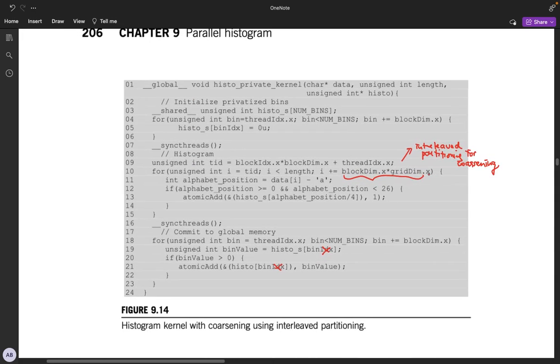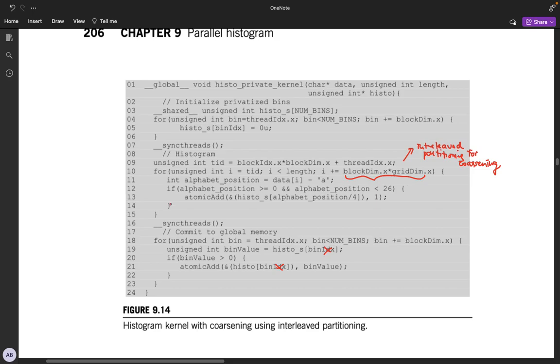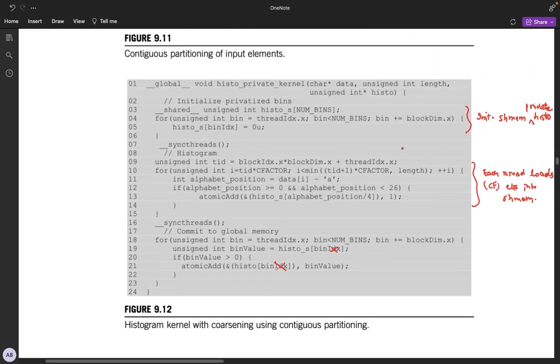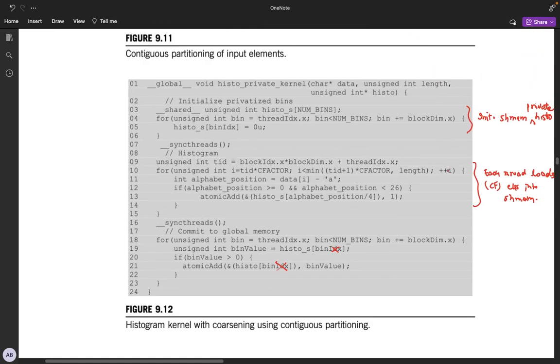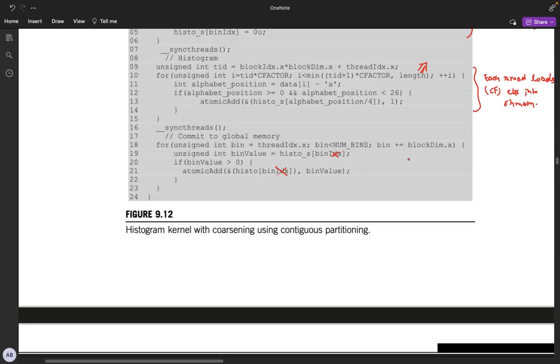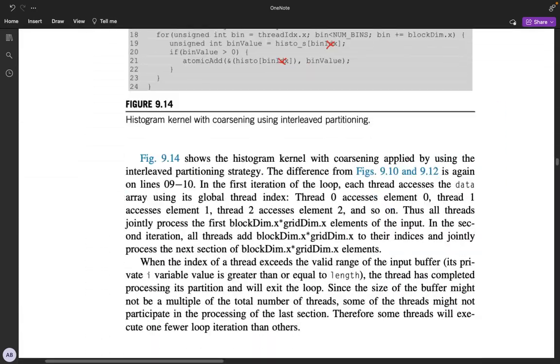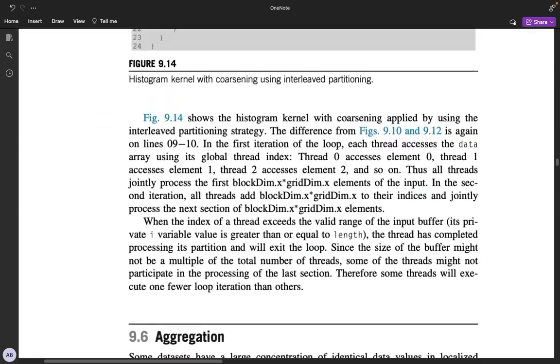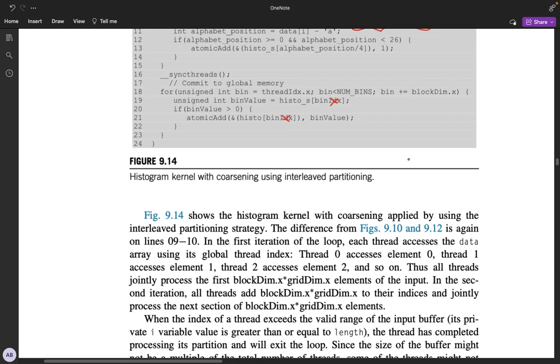So using the interleaved pattern, each thread does coalescing in this way, and in continuous partitioning, each thread does partitioning in this way. Okay, so this is our discussion of histogram computation using parallelization in GPUs in CUDA.